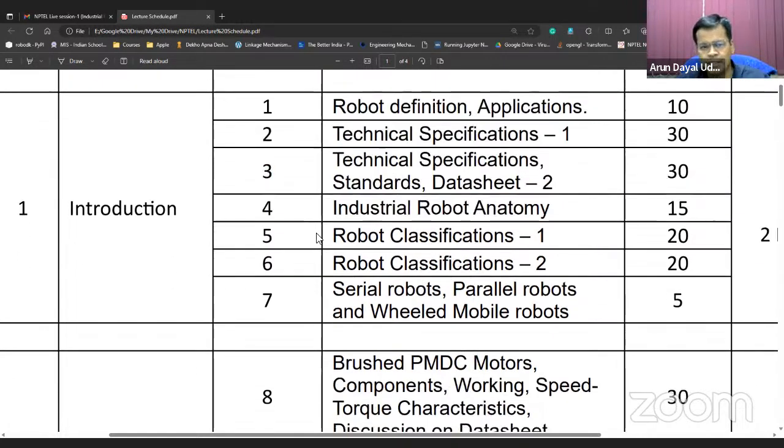Then you saw robot classification, where I showed you different types of robots, with real industrial robot videos in working, how they are classified and how different robots are applied for particular applications. A special part of this module was serial robots and parallel robots.